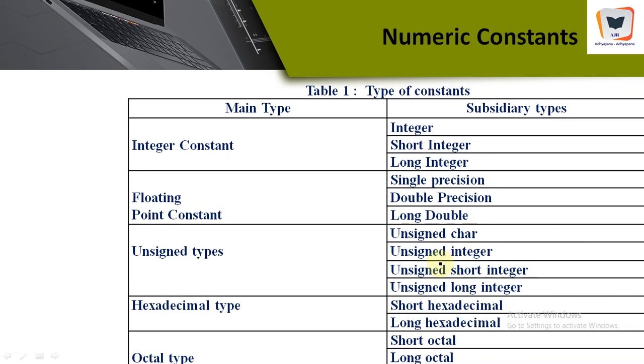And this is the table of constants: integer constant, floating point constant, unsigned types, hexadecimal type, and octal type. Integer constant will never have a decimal point. Floating constants will have a decimal point. Unsigned types will never contain a sign, that is, it is always positive.